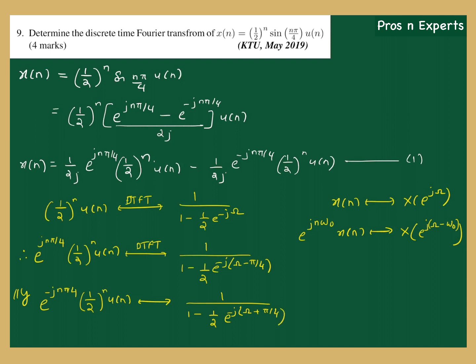Okay, so we have applied the frequency shift property again, because here it is positive pi by 4, earlier it was minus pi by 4. So there it was omega minus pi by 4, here it should be omega plus pi by 4. Okay. So we have obtained the Fourier transform of both these terms except the scaling factors.